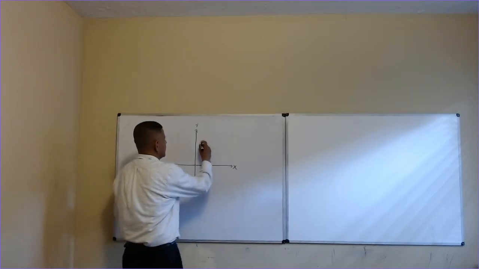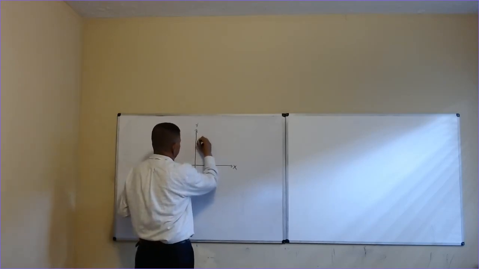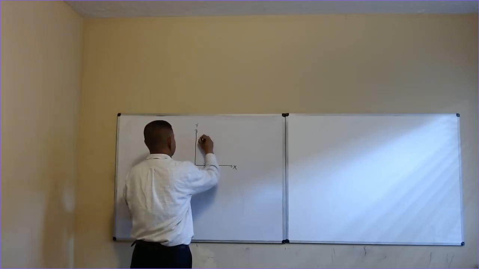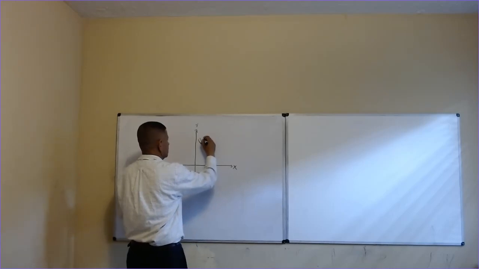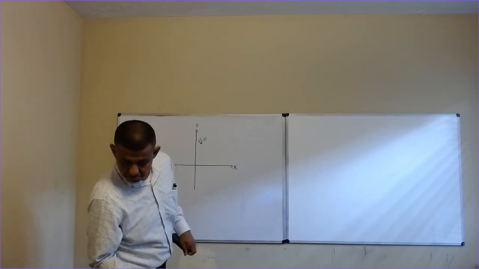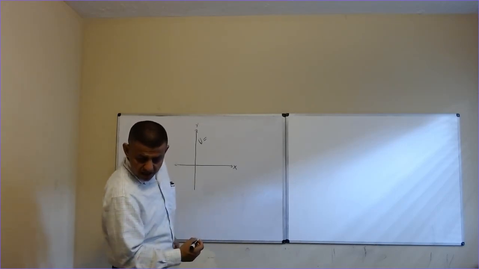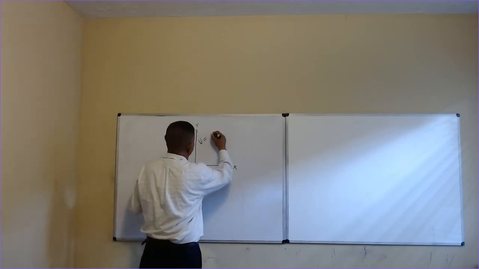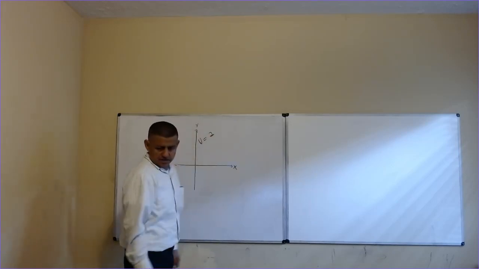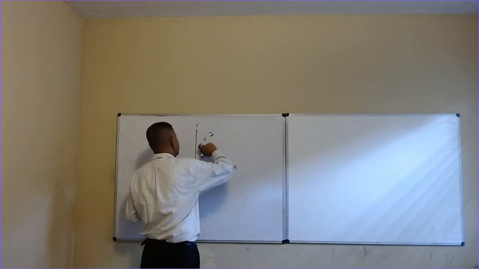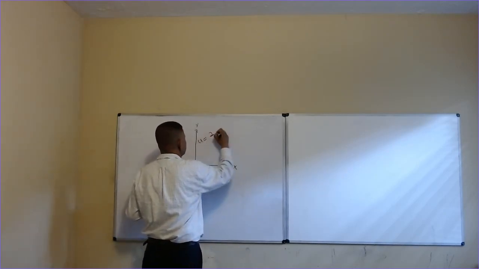Let's say that I have a vector v going, for example, just a random 2, negative something. So let's say that vector u is equal to 2v.